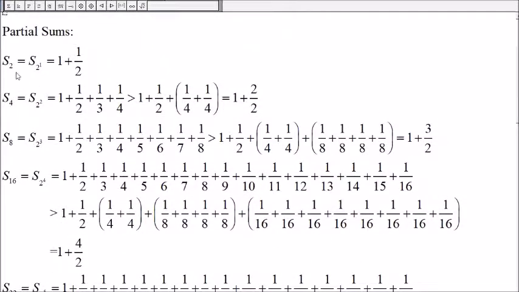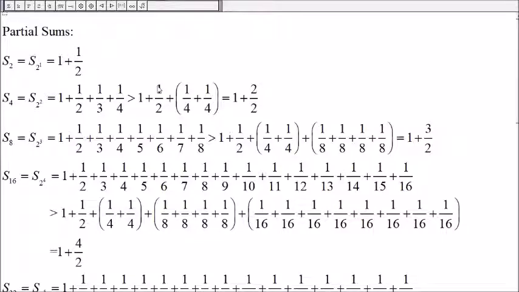And so for S sub 2 and then S sub 4, 1 plus a half plus a third plus a fourth is greater than, if we change this 1 third to 1 fourth, since we know that 1 third is greater than 1 fourth, the sum of 1 plus a half plus a fourth plus a fourth.